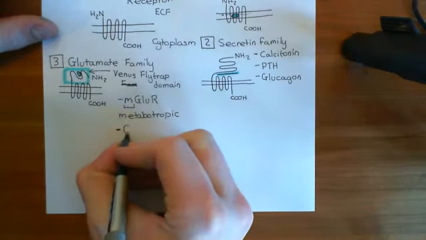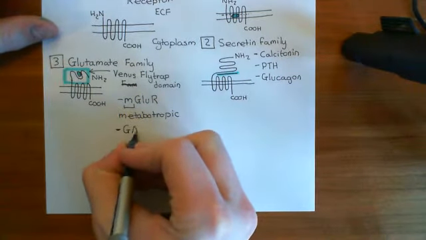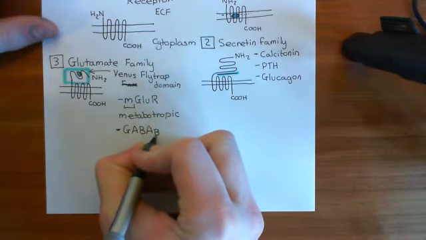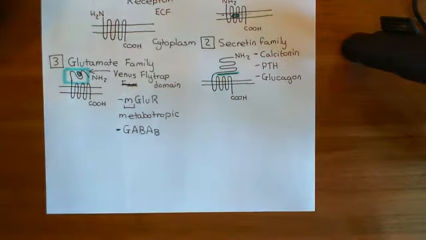There's another very famous example within this family, which is the GABA B receptors. Glutamate is the main excitatory neurotransmitter within the brain; GABA is the main inhibitory neurotransmitter in the brain. So if the presynaptic neuron wants to stop the postsynaptic neuron from firing an action potential, it will secrete GABA onto it. Again, the normal receptors for GABA are not G protein coupled receptors.